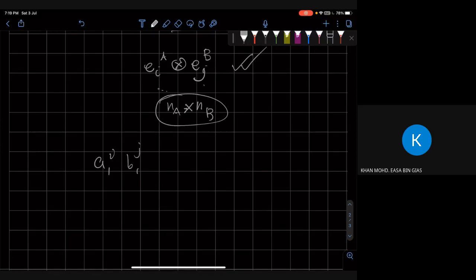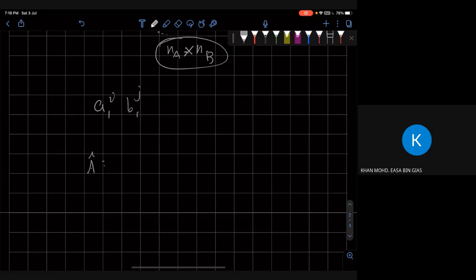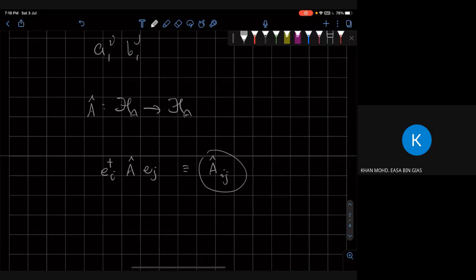All right. And if I have now some linear operator acting on the Hilbert space, so it sends vectors from HA to HA. So a linear operator, if I now express it in the basis, so if I say I take EI, take its Hermitian conjugate, and multiply it from the left, and EJ, then this defines the elements of a matrix, which I call Aij. So this is basically the representation of this linear operator in this basis.